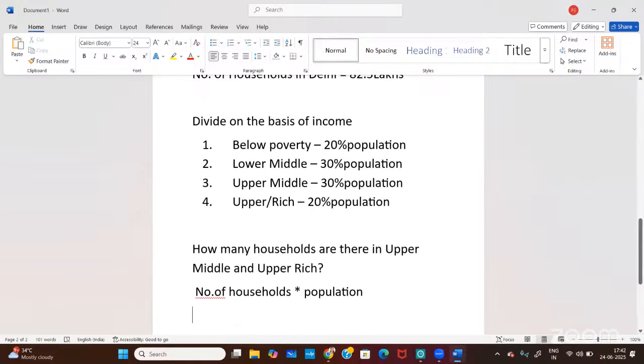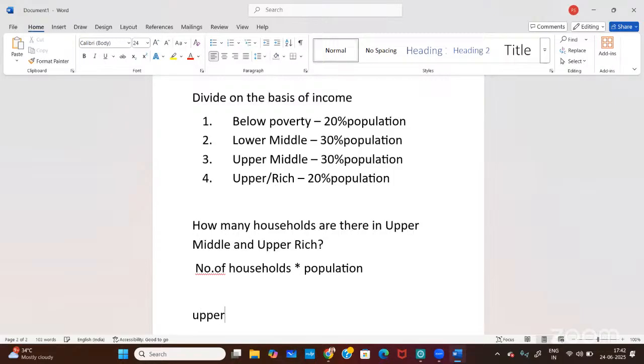Then what would be for upper middle? For upper middle, the population would be 82.5 into 30% of the population. So I'll be giving 0.30, which equals 24.75 lakhs.